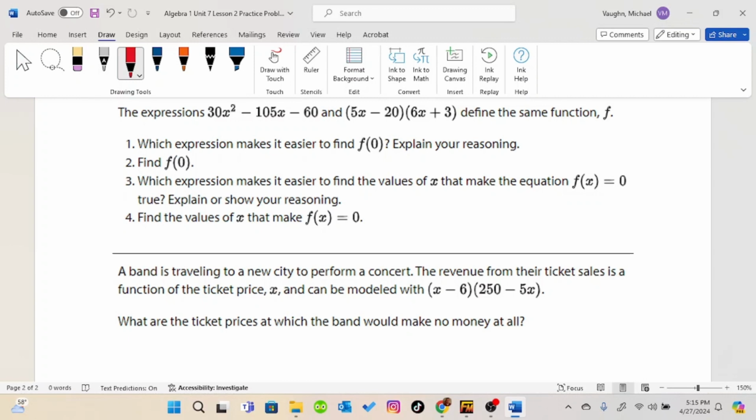So the first expression is standard form. And it makes it easier to find f of 0 because when you substitute 0 in for x, the only thing left is the minus 60.